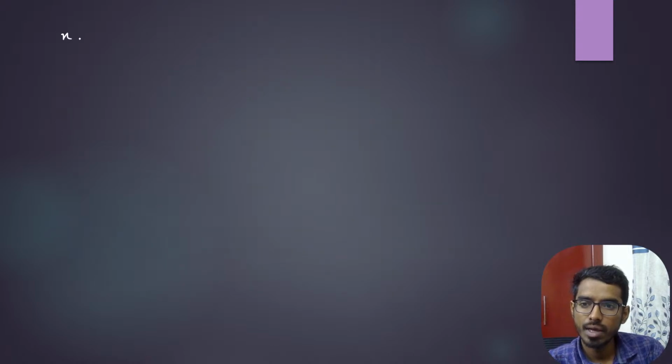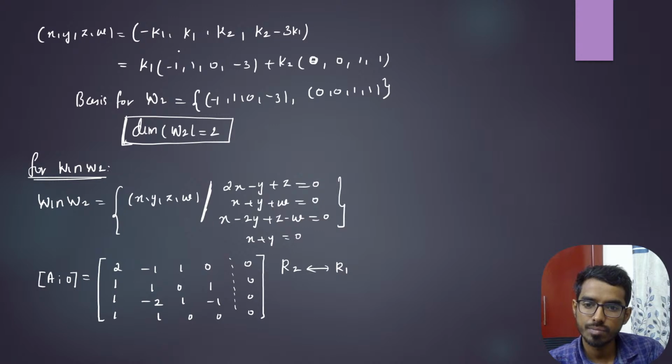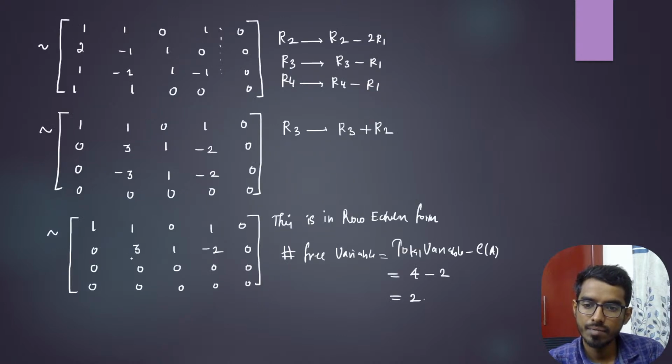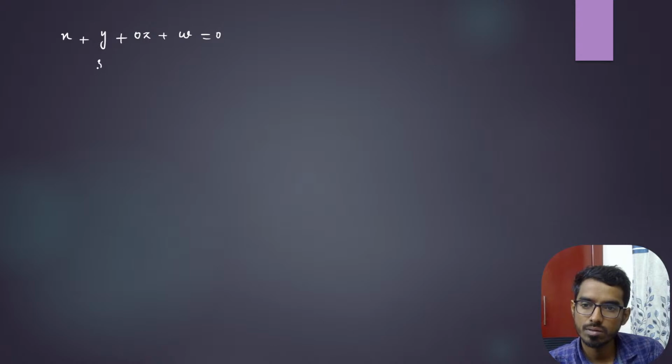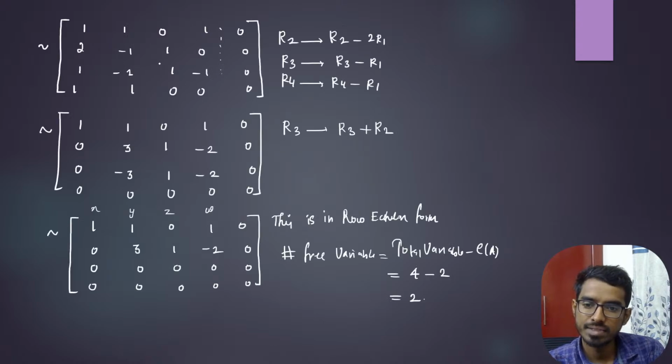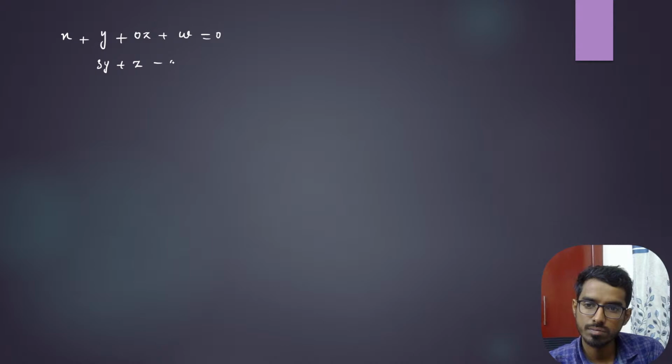So we have x plus y plus z plus w equal to 0, and then we have x corresponds to y, this corresponds to z, this corresponds to w. So 3y plus z minus 2w is equal to 0.